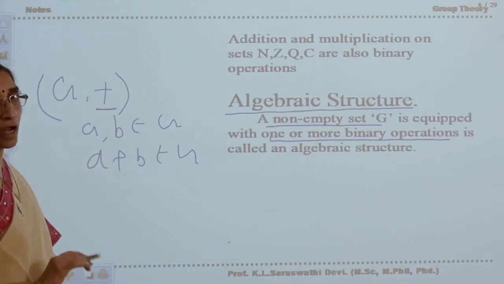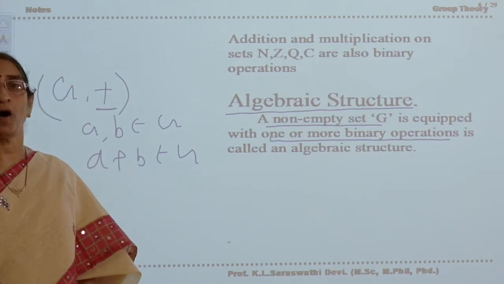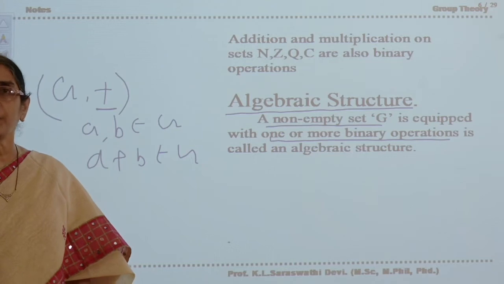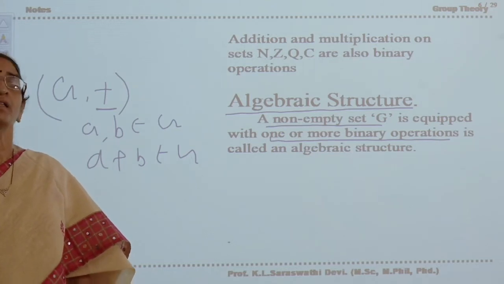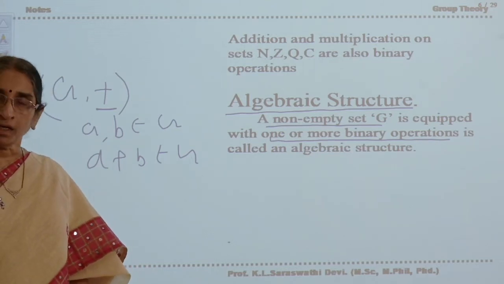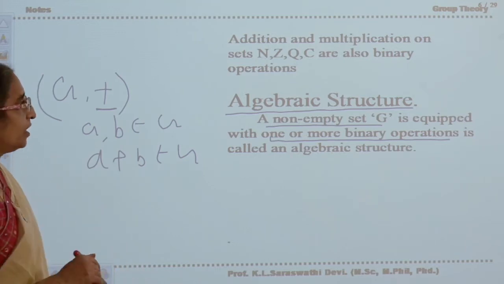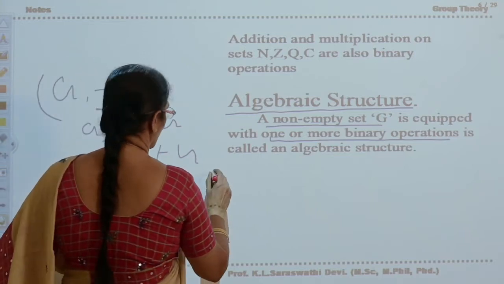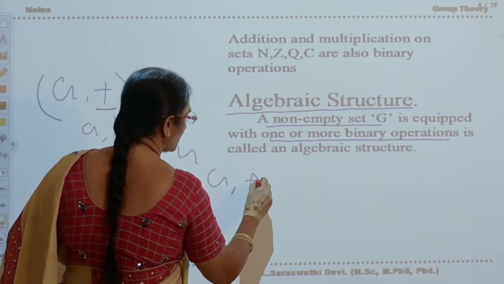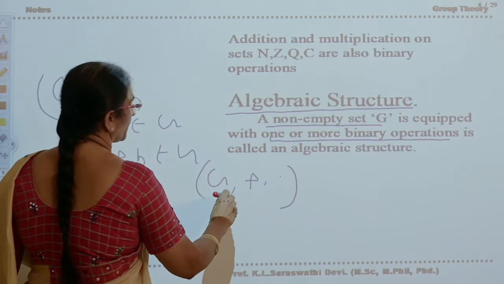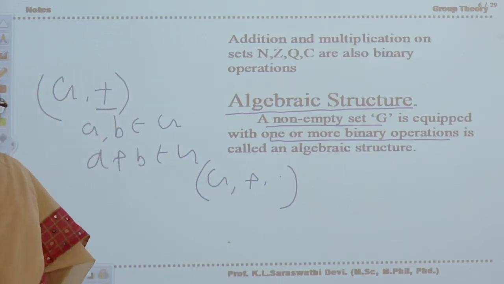Suppose a non-empty set G is equipped with an operator plus, then it is said to be an algebraic structure. Not only with one operator, more operators also. If I write G, plus, dot, then it is also an algebraic structure.